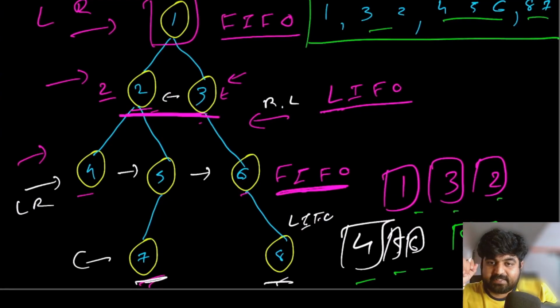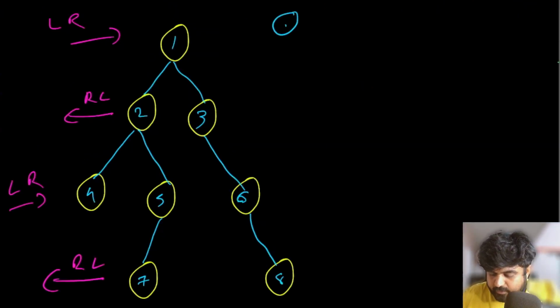So let me clean this up a bit and walk you through my solution, where we are simply arranging the way we are entering the values inside the queue and popping the value out of the queue. Okay, so now we are going to have our queue.